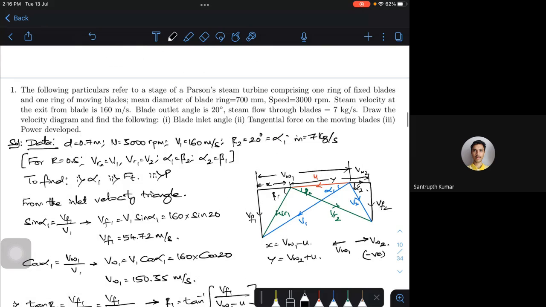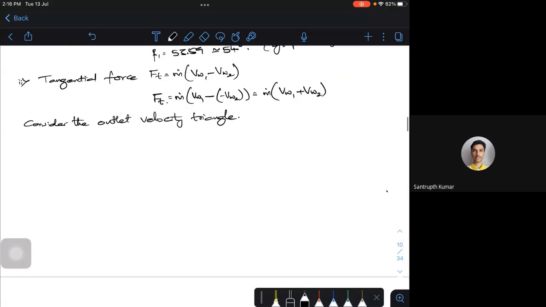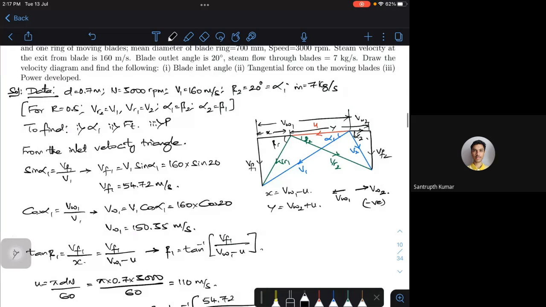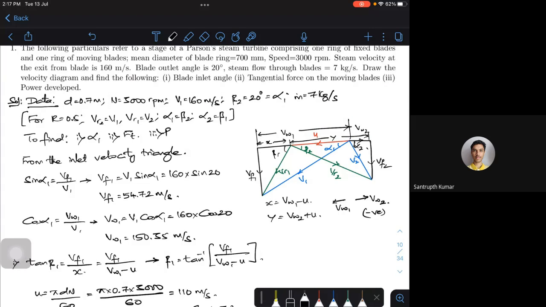Now look at this actually. Let's try to consider sine beta 2. Sine beta 2 is equal to your opposite, that is VF2, divided by your hypotenuse, that is VR2. So sine beta 2 is equal to VF2 divided by VR2. But what is my VR2? Already we have seen that VR2 is equal to your V1 for R is equal to 0.5.